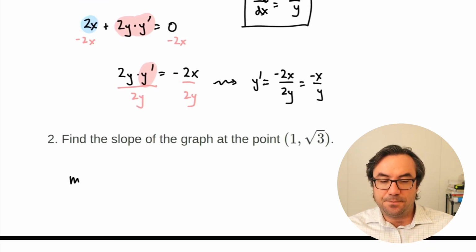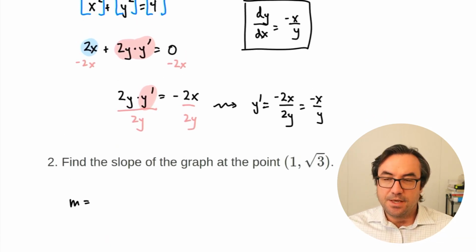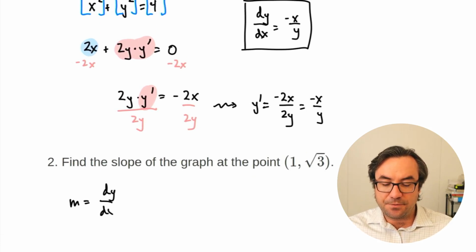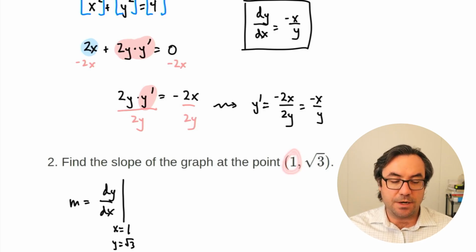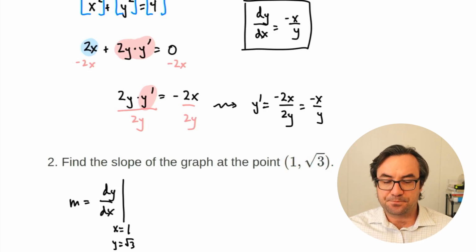So our slope is going to be the derivative, and we're just going to evaluate it when x is equal to 1 and when y is equal to square root 3. So the x coordinate and then our y coordinate here.